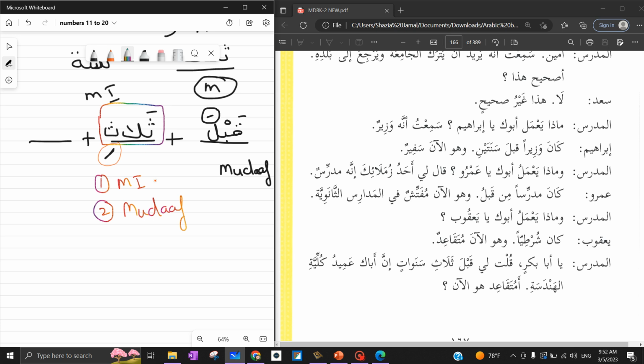Now, if it is considered a mudaf, it will still have a single haraka, and it will always be in kasra, because it is also playing the mudaf ilayhi role. So here it will be mabni in kasra. Whenever you see a triple idafa construction, the middle noun will play two roles, mudaf ilayhi and mudaf. It is still a mudaf ilayhi to qabla. And now the third noun is sanawat.